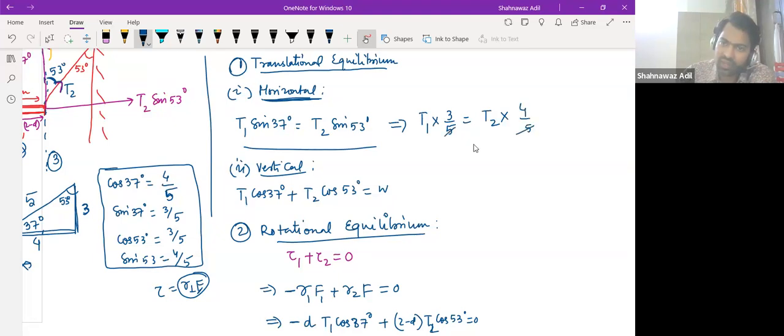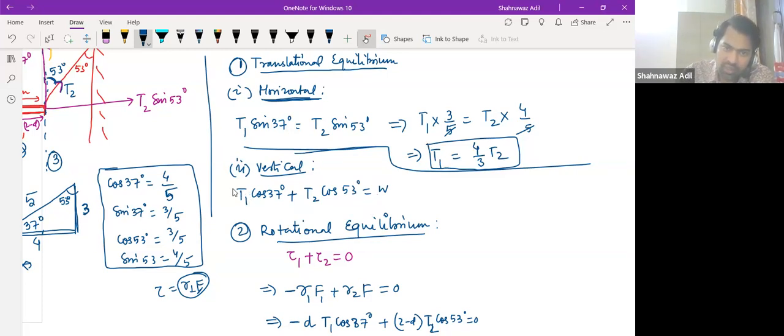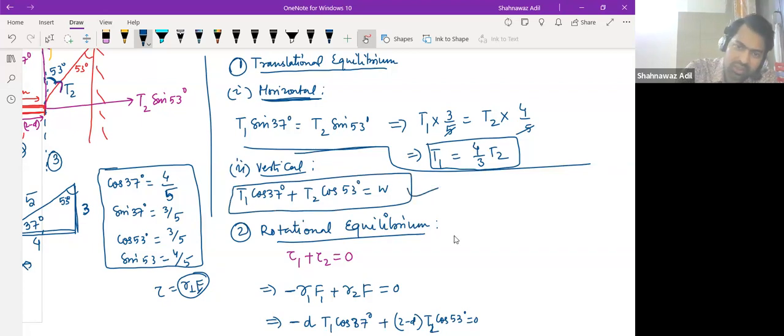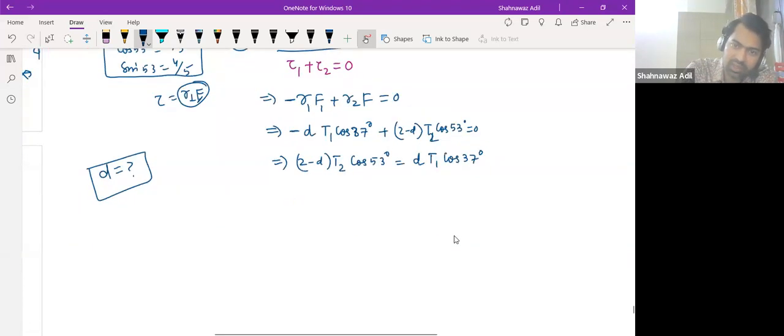So the 5s cancel, and we will get T1 equals 4 by 3 T2. So this is the result that we will get. And we will not require this one, right? So let us use this for the relation.